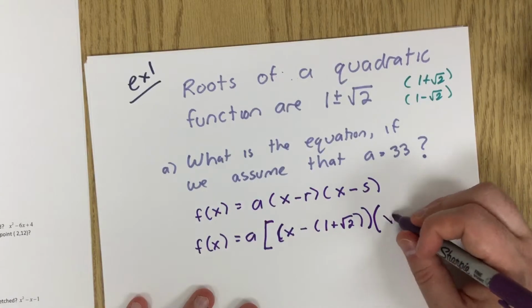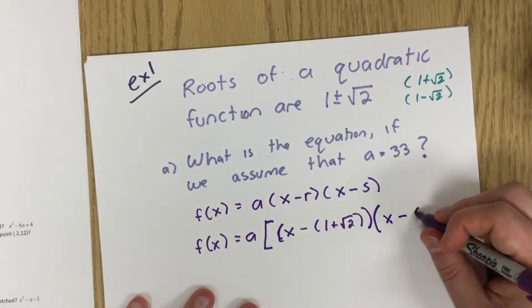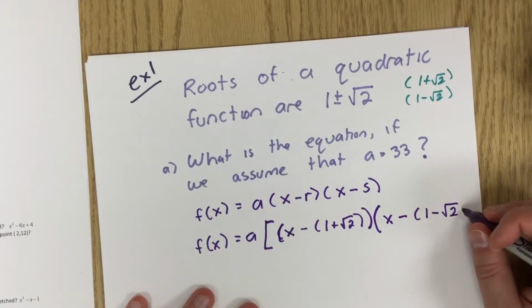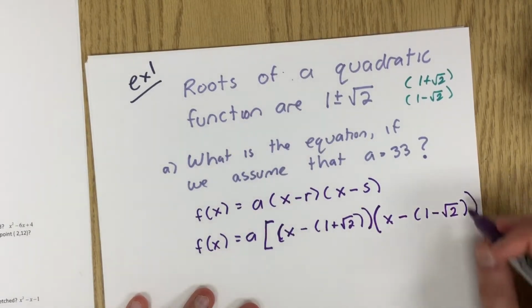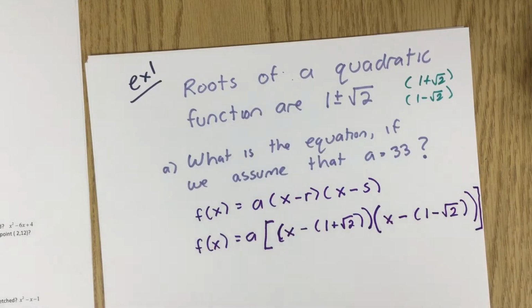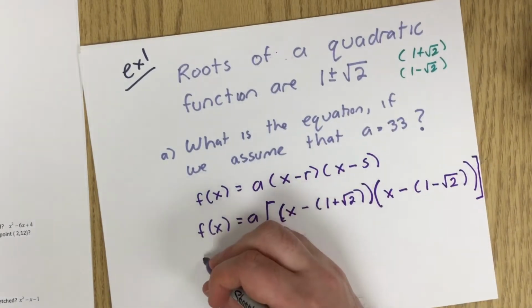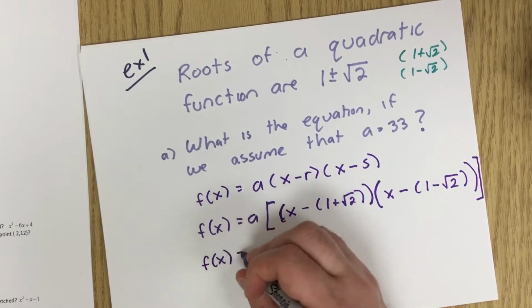And then we have x minus the second root, which is 1 minus root 2. A lot of brackets going on there. All right, maybe I'm going to write it in a slightly different color just to show it more clearly.